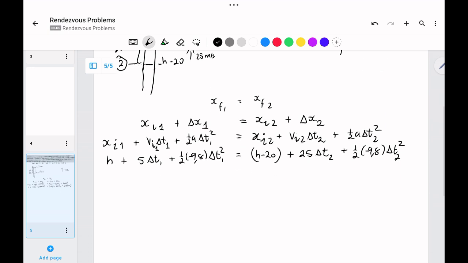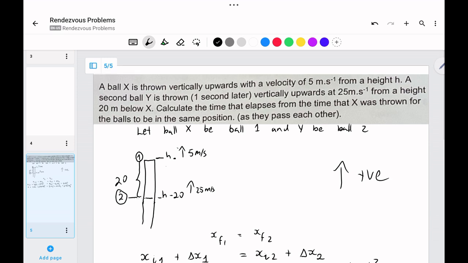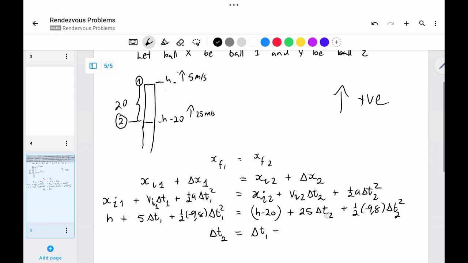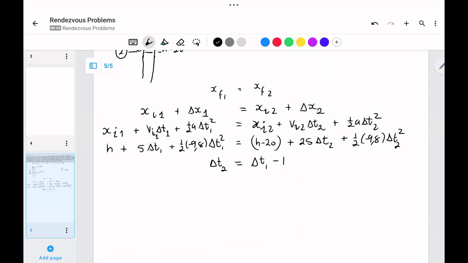Okay, now we need to take into account the times. It is given that object 2, that is ball y, flew later. So delta t for object 2 is shorter than delta t for object 1 by 1 second. So now I'm going to go to my equation and I will make that substitution, just like we did previously.